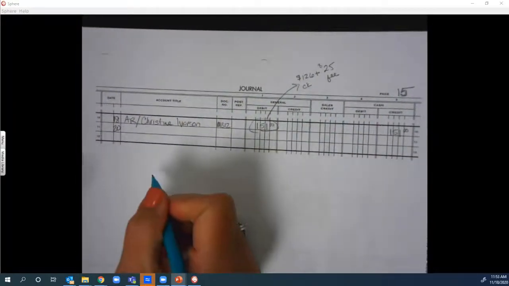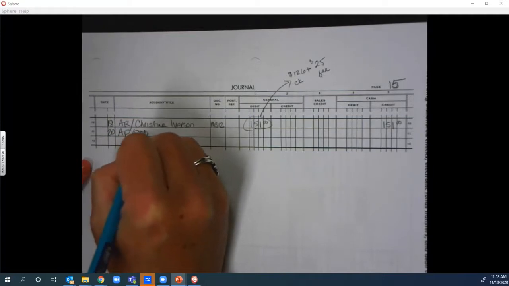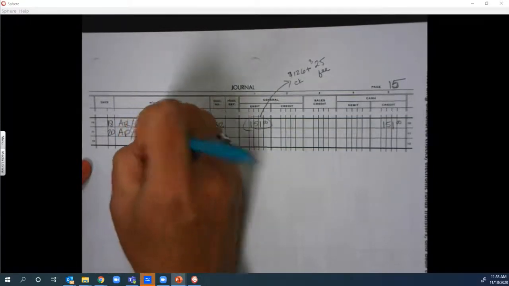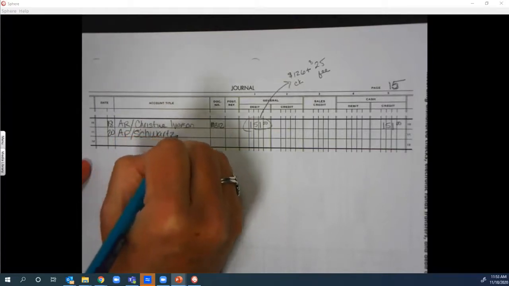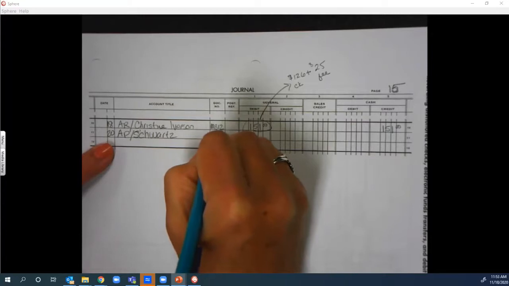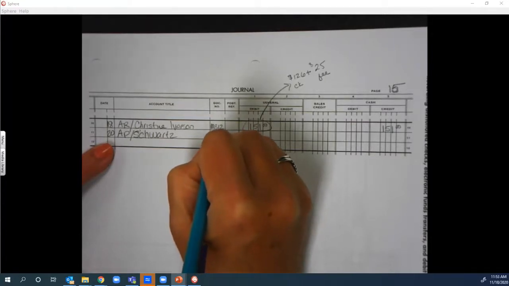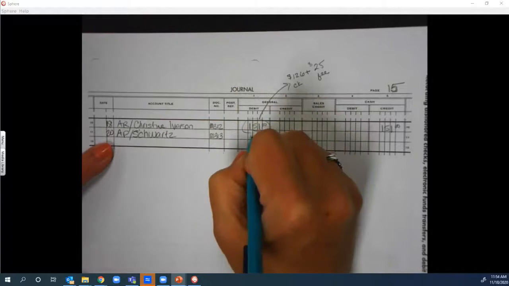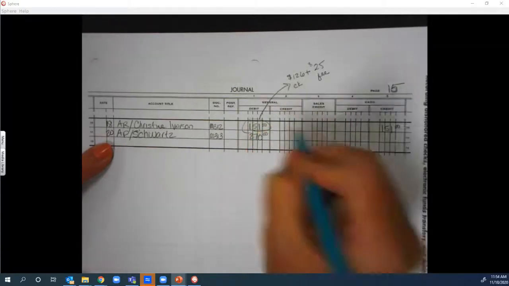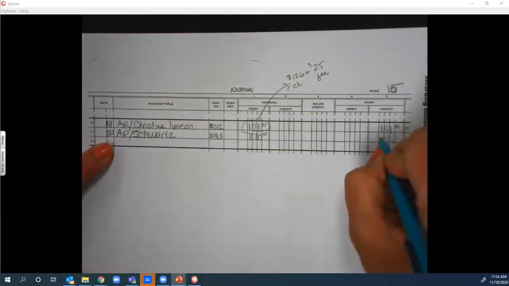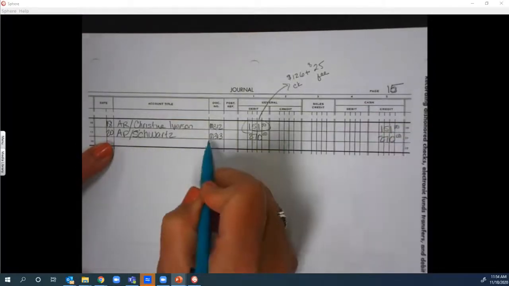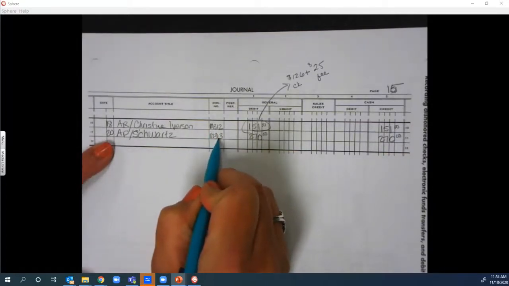We're paying on account, so we don't owe them as much. Our accounts payable is going to be decreasing, and that is with a debit. Accounts payable increases with the credit, decreases with the debit, and it's coming out of our account, but not with a check, with a memo because it was an EFT.